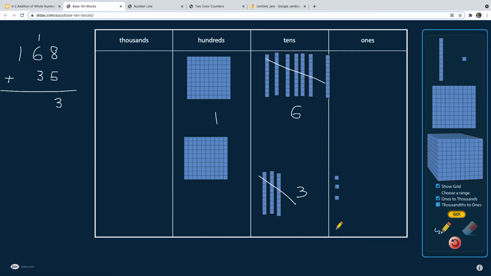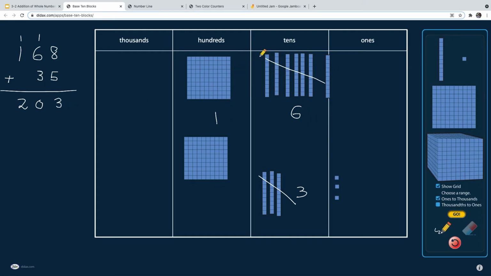I have a 0 here, no rods left because I traded all of these rods with 1 new block, new flat. So how many flats do I have? I have 1 more flat added. Now I have 2 flats, which is 2 100s, right? Now we can see that there are 203. 100, 200, and all of these are gone.